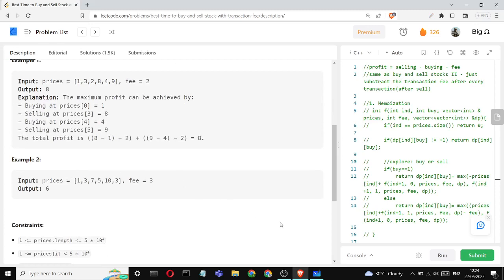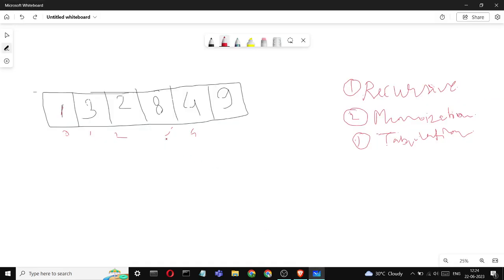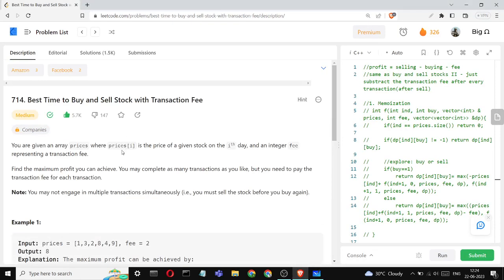So let's see how we can approach this problem. In the problem, they are saying we have to return the maximum profit.